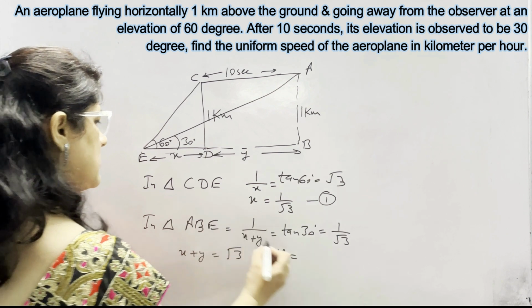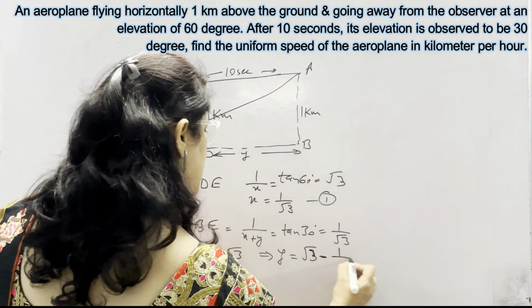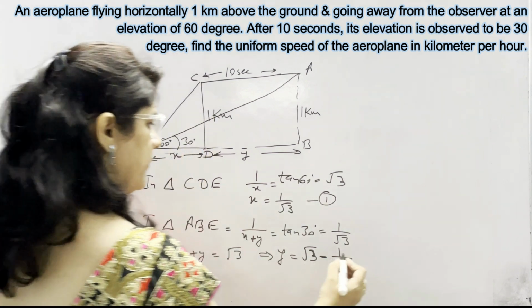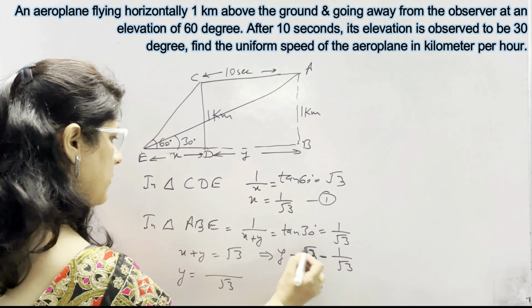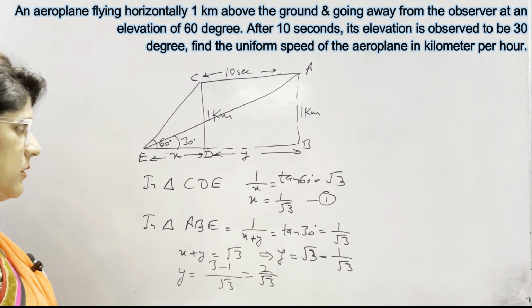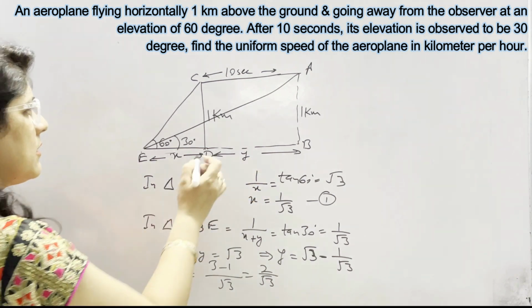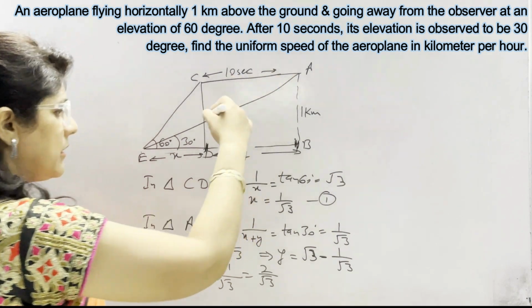Value of Y is root 3 minus X, and X is 1 upon root 3. So we can take the LCM here: root 3 multiplied by 3 minus 1, which means 2 upon root 3. So this is the distance covered in this time, and the time given here is 10 seconds.